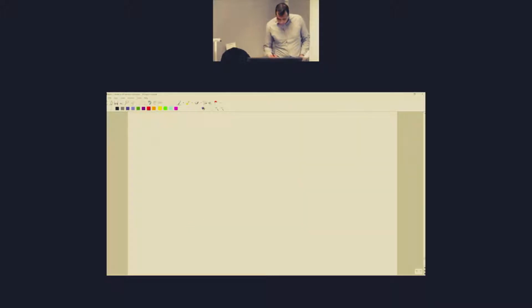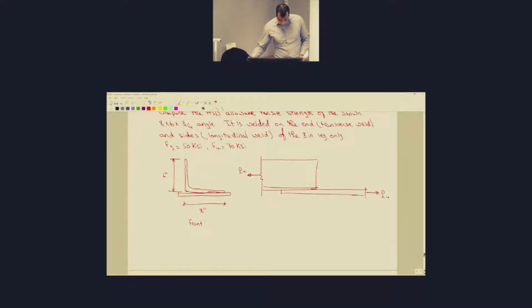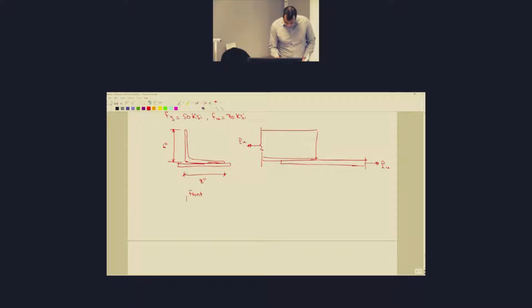What's the problem here? So this is the angle here, and it's connected to a plate. So this is the front view. This is side view, and this is top.